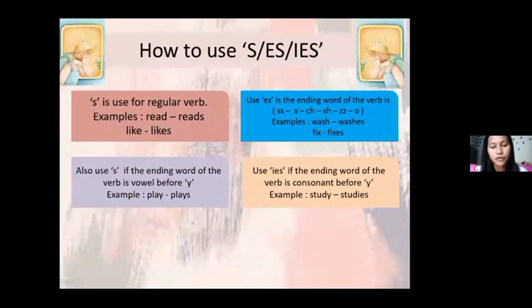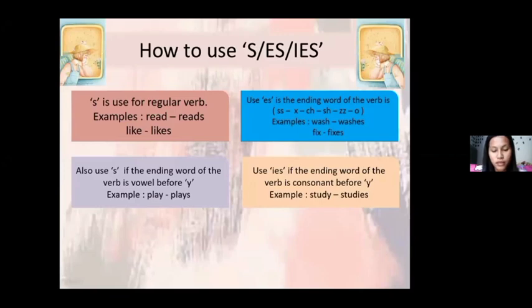I will read the following material. In this material, I'll discuss the phrase that contains s, how to use s or es. S is used for regular verbs, for example, read or reads, like or likes.